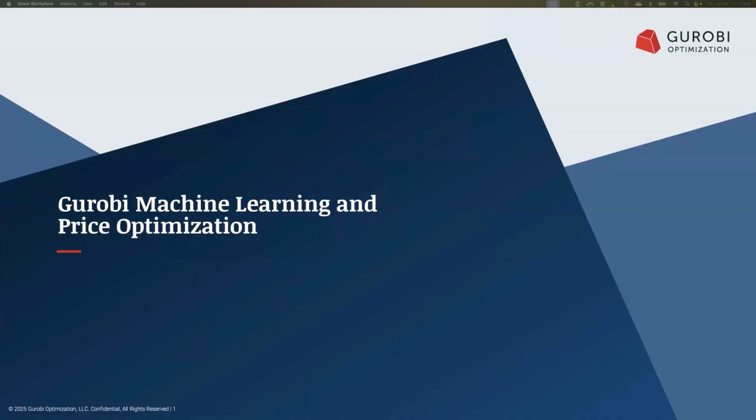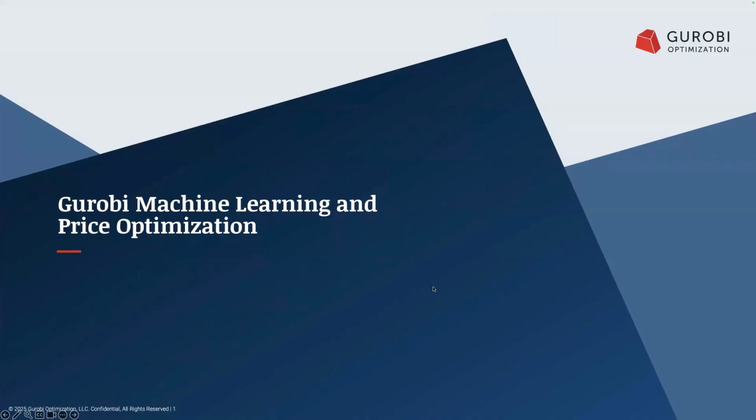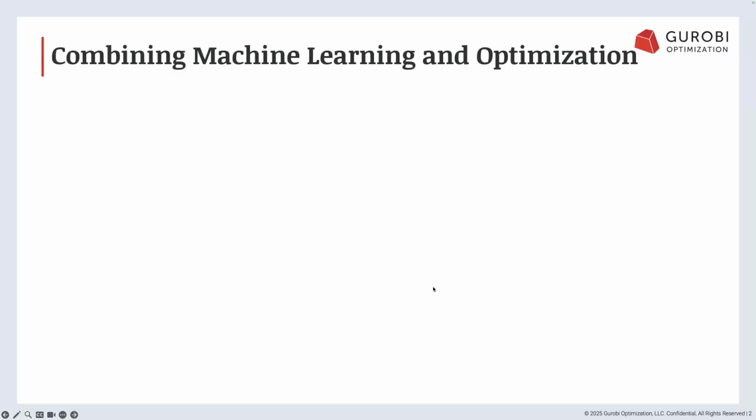So what I'm going to do now is take a little bit of time to give a little more background on what Gurobi Machine Learning is and how it can work within price optimization. Gurobi Machine Learning is an open source package that anyone can use in conjunction with any gurobipy model that you have. It's a really easy, lightweight thing to add on to an existing model.